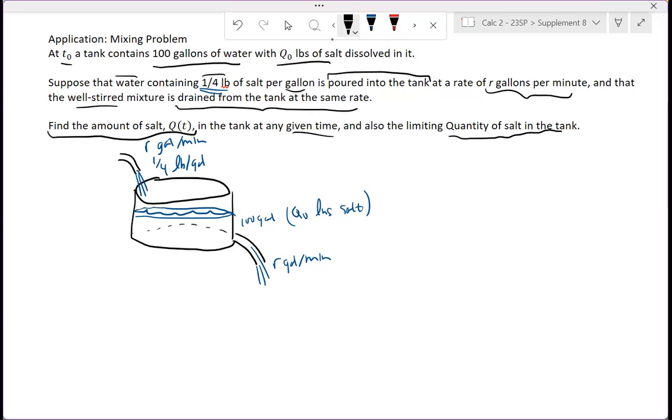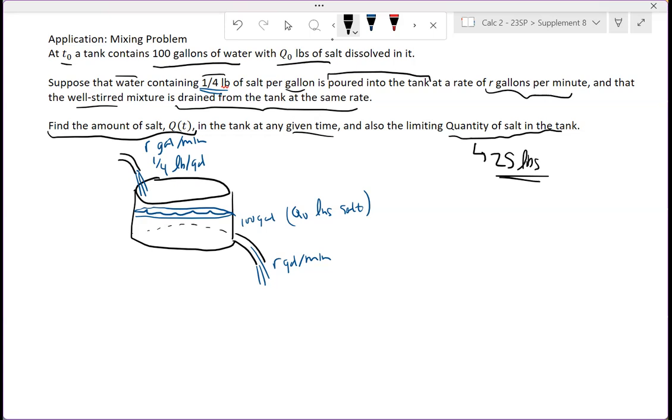So I might expect that in the long run, as time goes to infinity, I would have 100 gallons with a quarter pound per gallon of salt dissolved in it, or I might expect this to be 25 pounds.